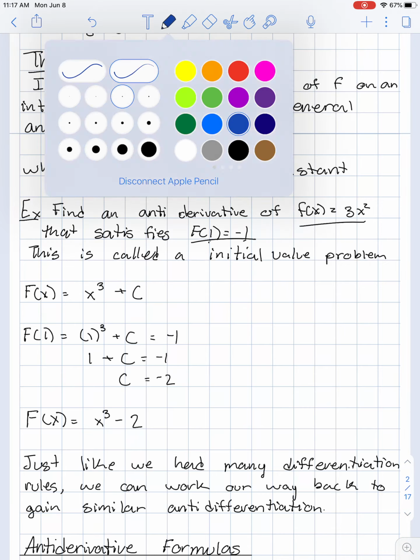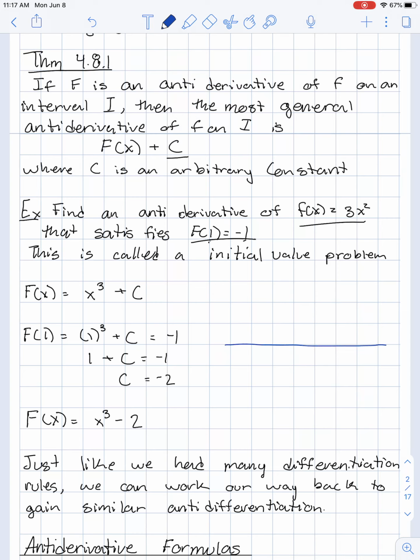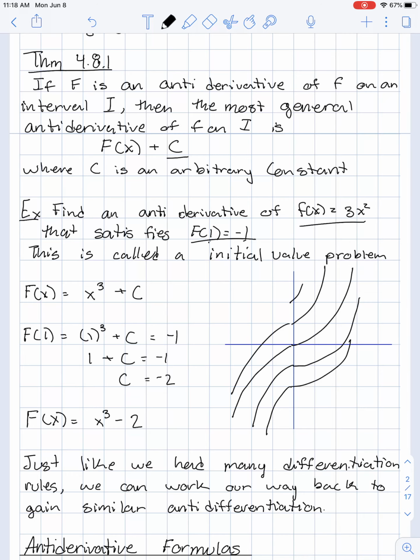If we draw all these different families of x cubed plus a constant, we get something like this: there's x cubed on its own, x cubed minus 1, x cubed minus 2, plus 1, plus 2, and so on, right?